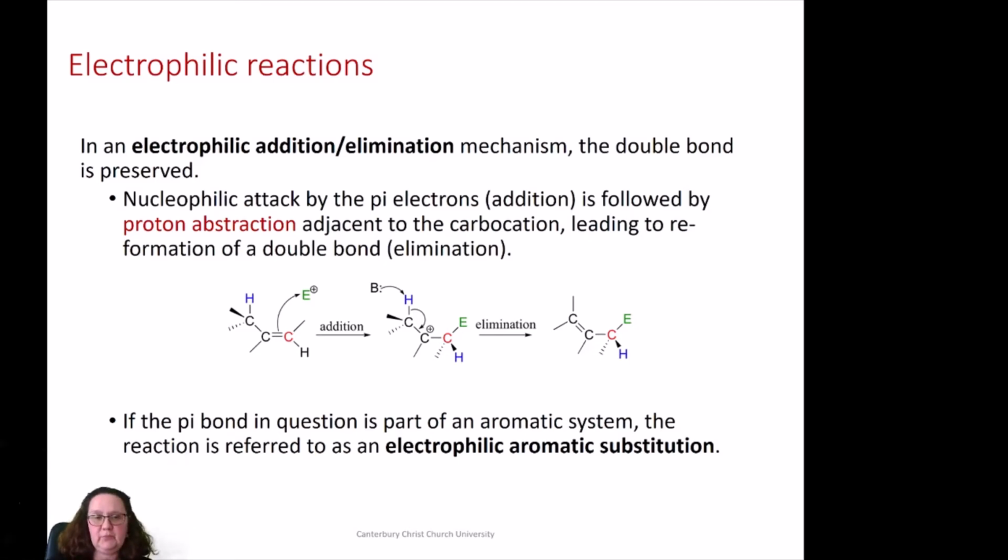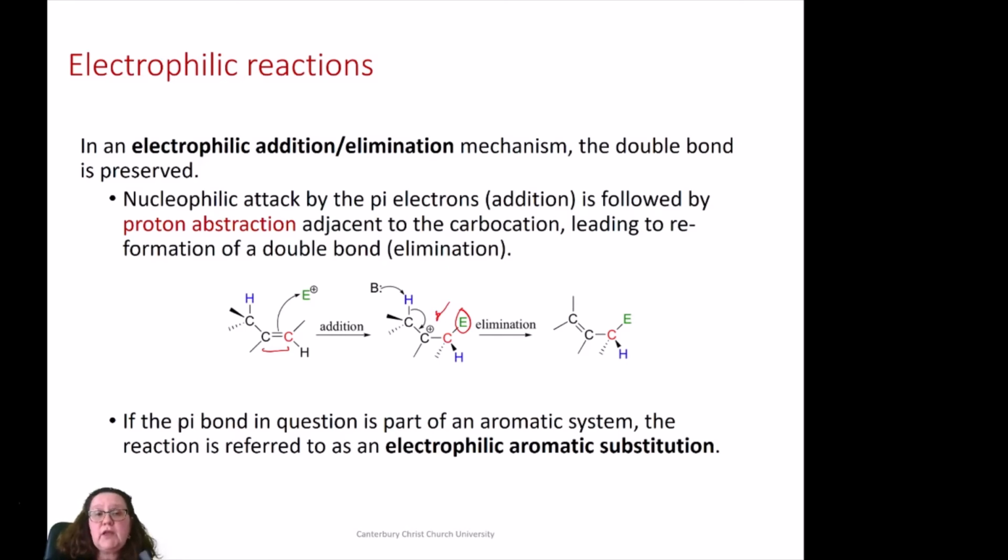Let's look at an example. Here you've got a carbon-carbon double bond. Those pi electrons are electron rich, and they can attack an electrophile, and the electrophile enters the molecule. There is a formation of a carbocation, and then sometimes a nucleophile would go straight away to attack the carbocation and form the substitution compound.